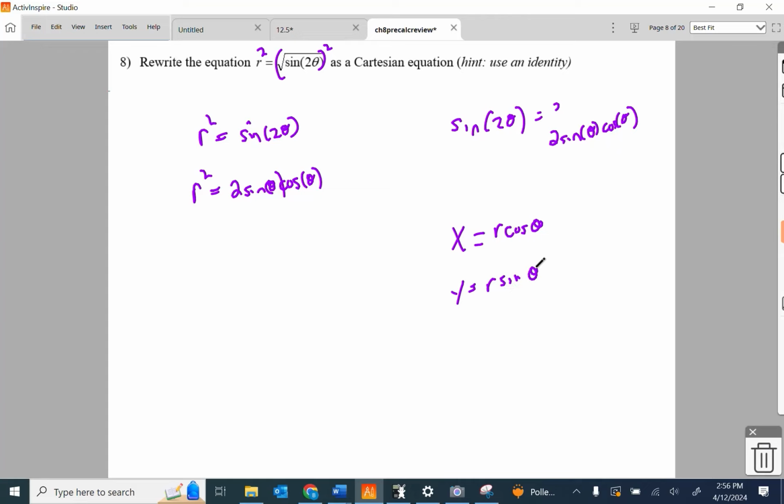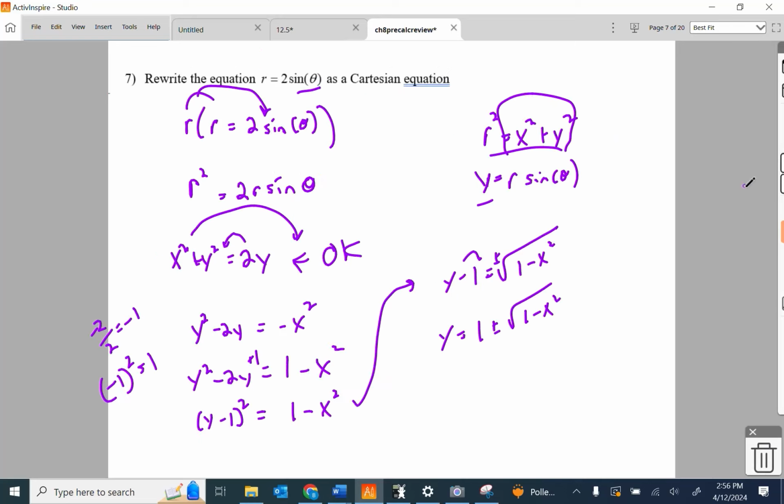And remember, the goal here is to get to Cartesian. Get to x and y only. And we're close. We are. This can become x squared plus y squared. And I got some work to do here. Alright? Hold on.